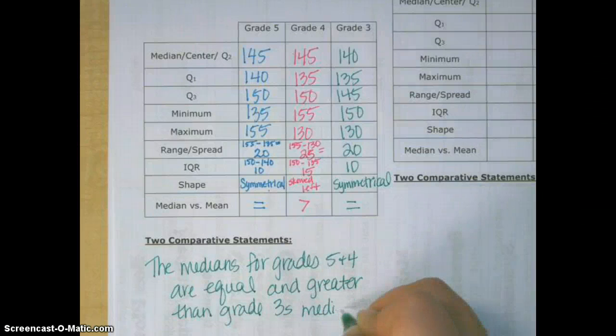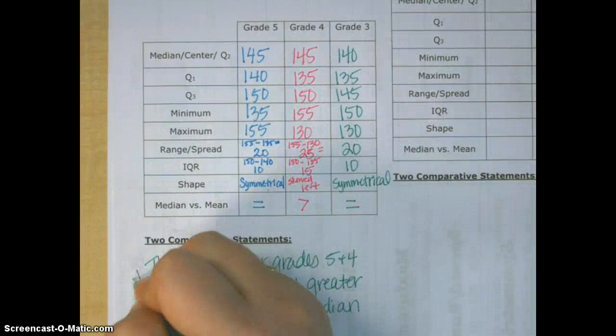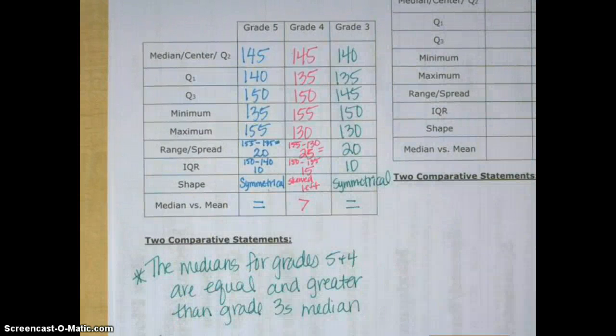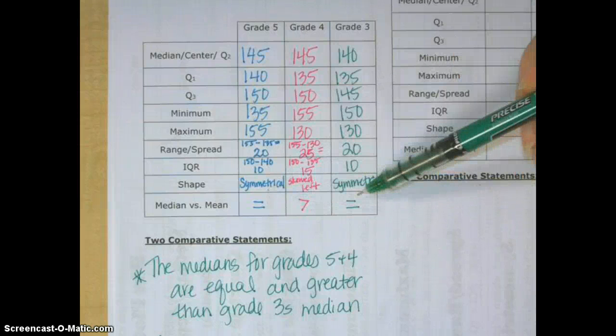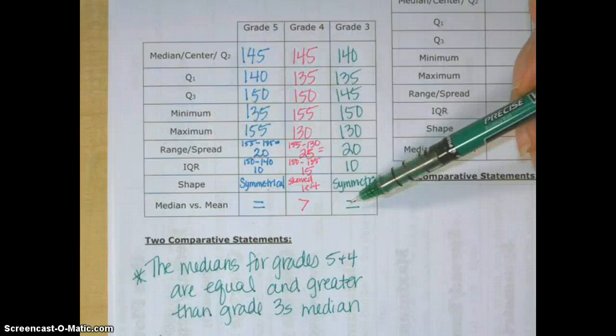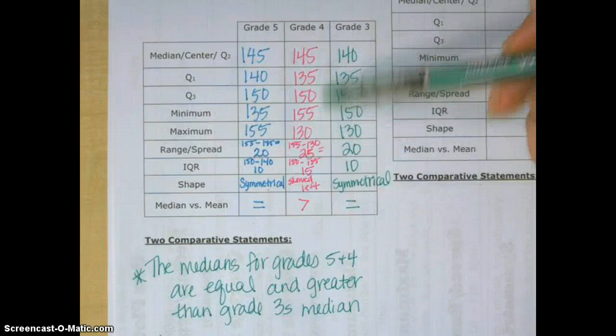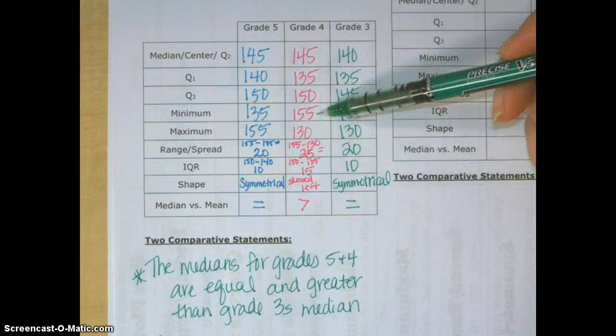And sorry about that scraping noise, that's my bracelet. Remember, you can always pause. So that's one statement you can make. You have to make two for every single one. So look at something else. We could say that both 5 and 3 are symmetrical. You could say that the minimum for grade 4 is the highest.